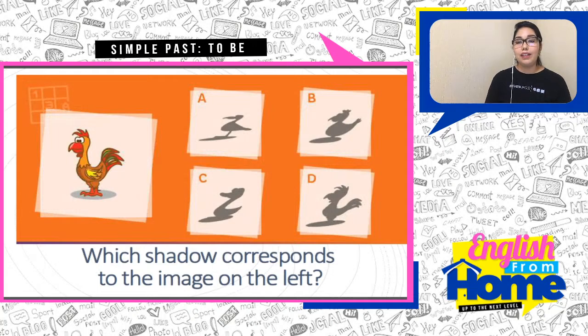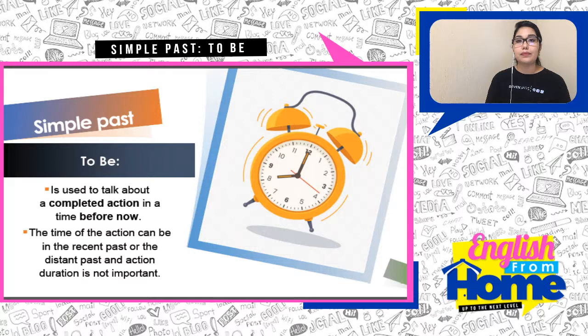All right, so now get ready with your notebook, your pen or pencil, because we're going to start taking notes. We're going to start with today's grammar lesson. Today's grammar lesson is the simple past, specifically the verb to be. As we already know, in the simple present, we have the verb to be for the different pronouns, okay? But how are we going to use the verb to be for the simple past?